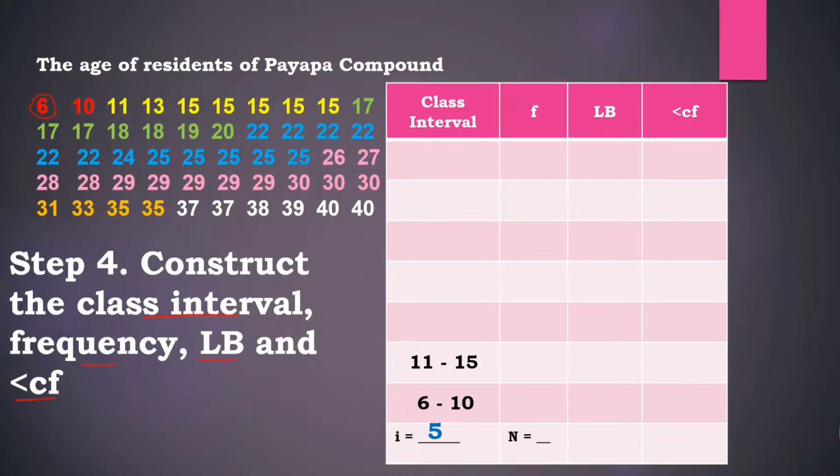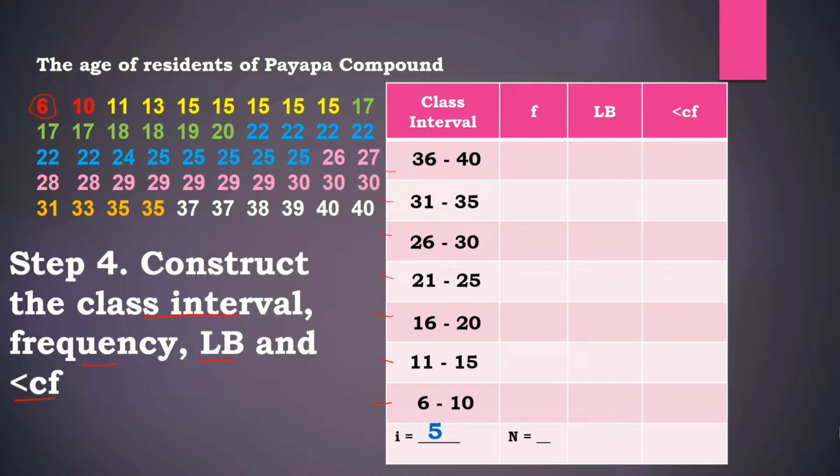Next is 16 to 20, 21 to 25, 26 to 30, 31 to 35, then 36 to 40. So as you can see, meron tayong 7 classes. So 1, 2, 3, 4, 5, 6, 7.